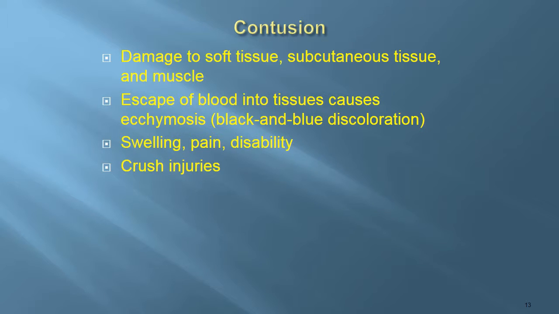Contusions may involve damage to soft tissue, subcutaneous tissue, and muscle. The blood escapes into the tissues and causes ecchymoses, or the black and blue discoloration. They result in swelling, pain, and disability, and they may occur as a result of crush injuries.